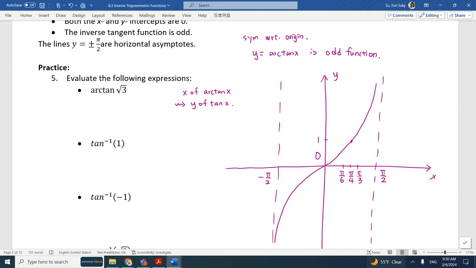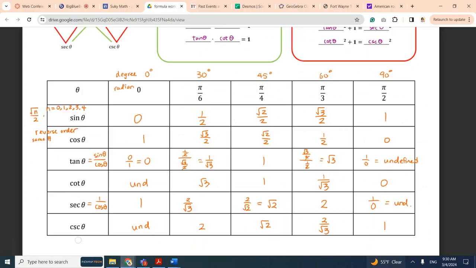Now, look at the numbers. Here, pi over 6 corresponds to this guy, and here, pi over 3 corresponds to this guy. The special angle values, you know, are 1 over root 3 and root 3. Root 3 is bigger than 1, right?